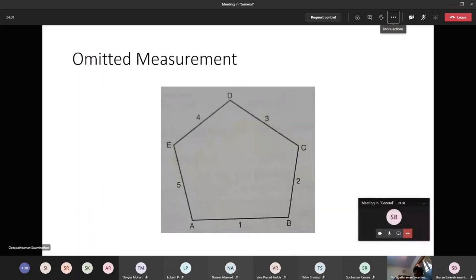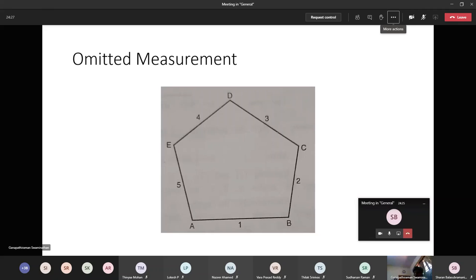So AB cos theta plus BC cos theta plus CD cos theta plus DE cos theta, where theta is the whole circle bearing, not a reduced bearing, and EA cos theta is equal to 0.